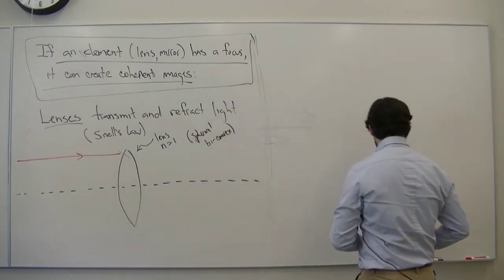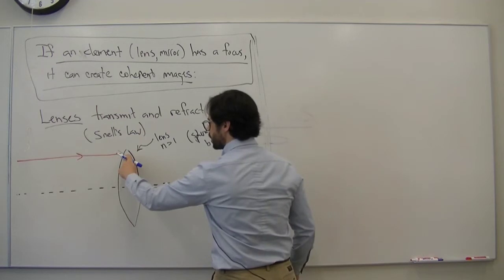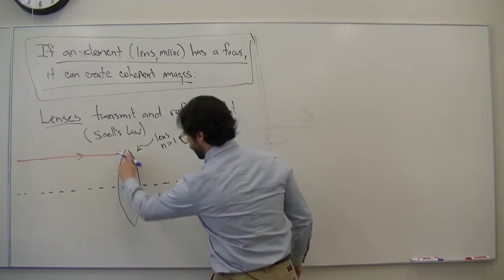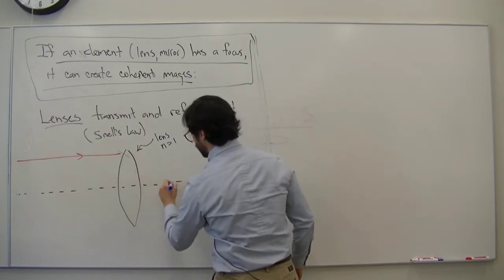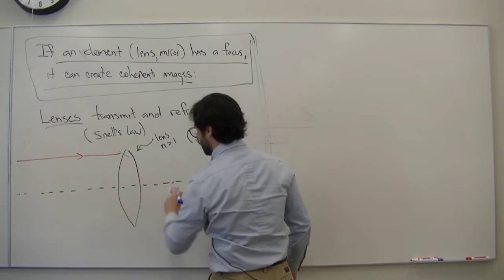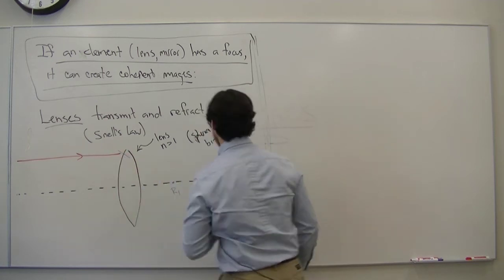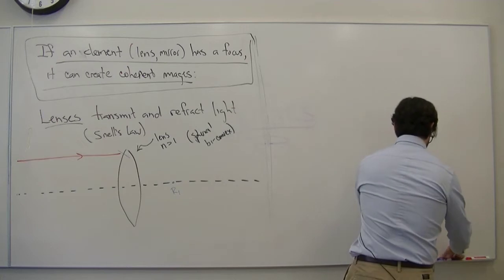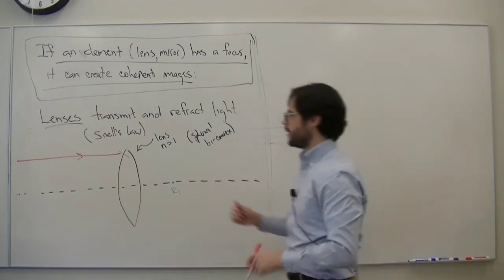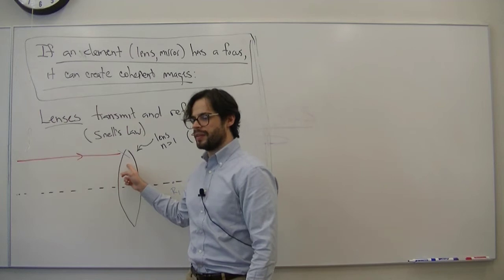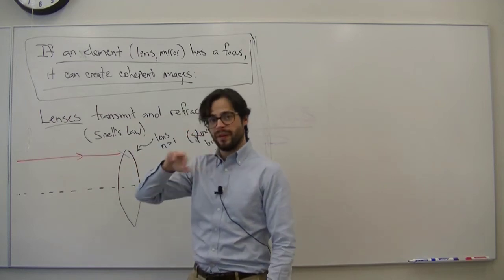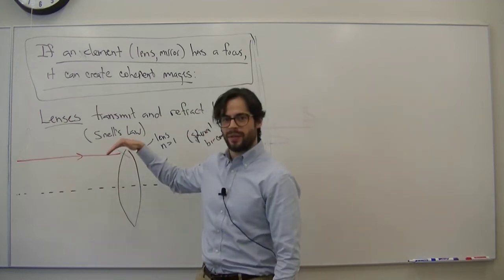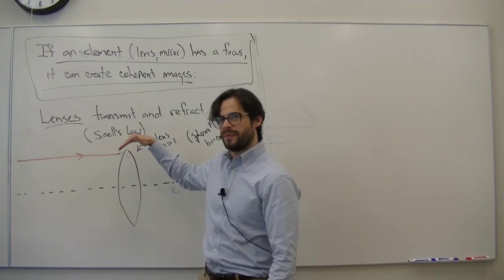So here's the normal. I'm actually going to draw the center of that lens, which we'll call R1, would be here. So that would tell us where the normal is. And if I'm going from, for instance, air into the lens, what would be true about the refraction? I would refract towards the normal, right?